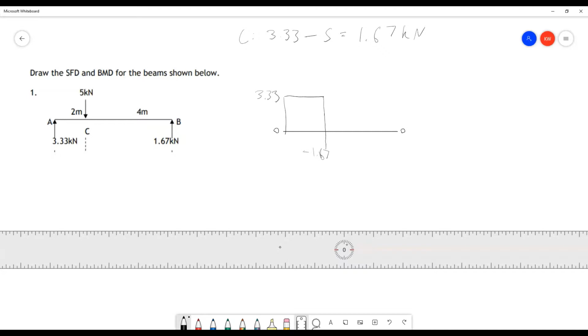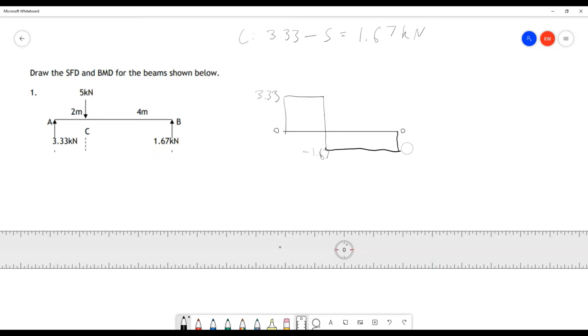The next force is applied at the end of the beam. If we go all the way to our right-hand side, which is point B on our beam, we can see from our diagram that a force of 1.67 kilonewtons has been applied in the upward direction. Of course, we're at minus 1.67, and going 1.67 in a positive direction takes us back up to 0.